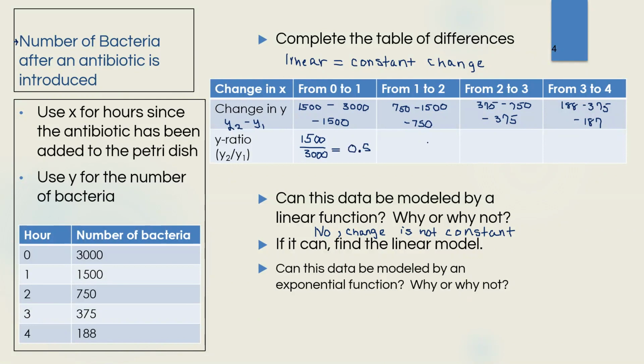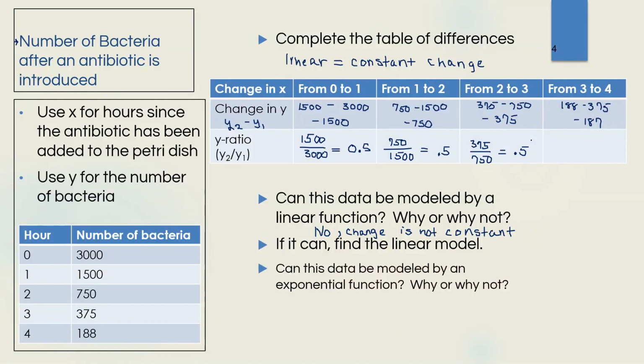And then from hours 1 to 2, our second grouping of data here, we would have 750 over 1500, which is also 0.5. We would then have 375 divided by 750, which is also 0.5. And then our final one does not come out exact because of rounding.